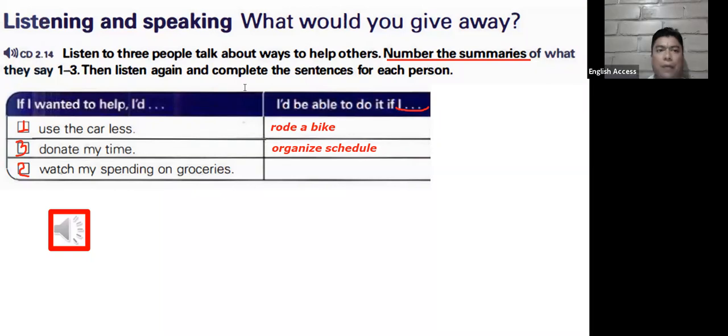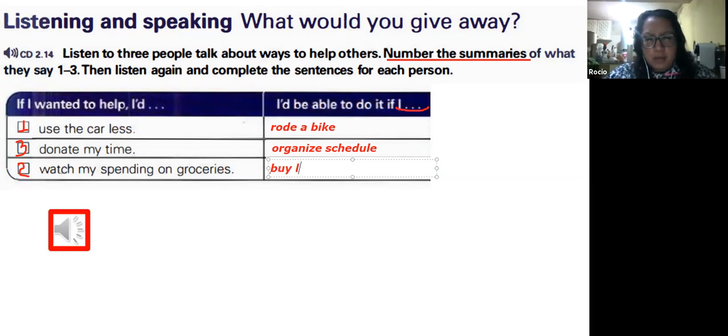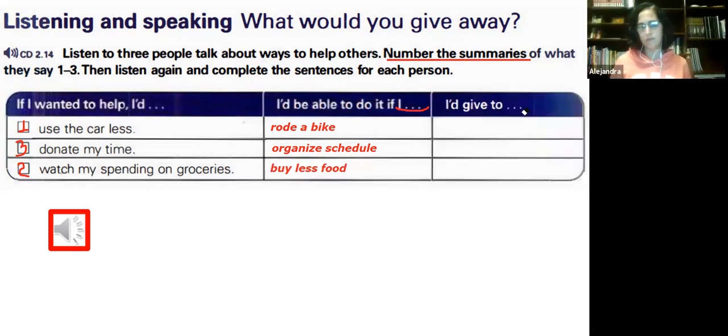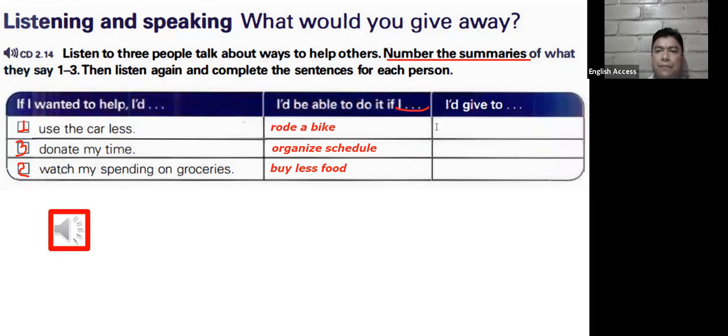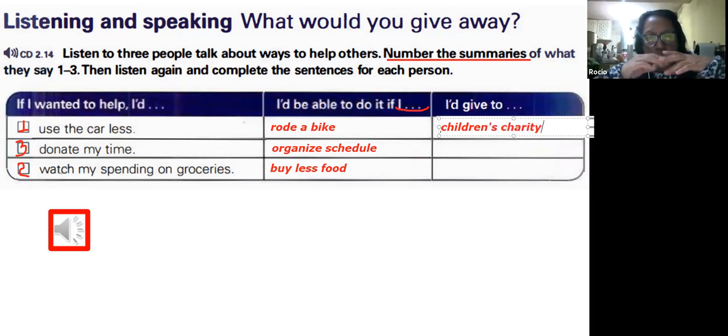All right. Number 2, watch my spending. Buy less food. And the last part, I'd give to children's charity.